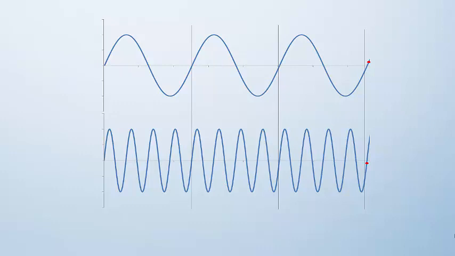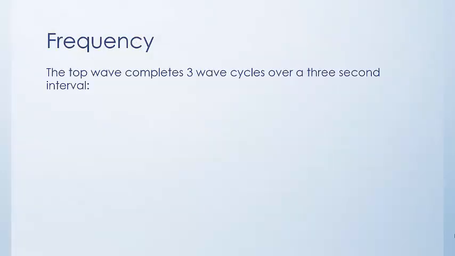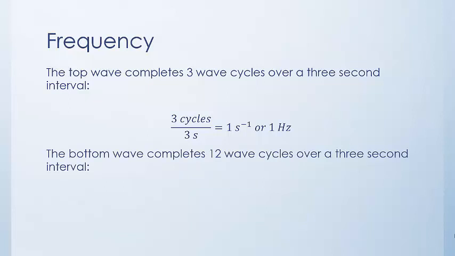But notice that the bottom dot must go over many more peaks and valleys in its progress. We can calculate the frequency of the top wave by noting that it completes 3 wave cycles over a 3-second time interval. So that's 3 cycles per 3 seconds, or 1 Hertz. The bottom wave completes 12 wave cycles over the same time interval, or 12 cycles per 3 seconds, or 4 Hertz, or 4 per second.